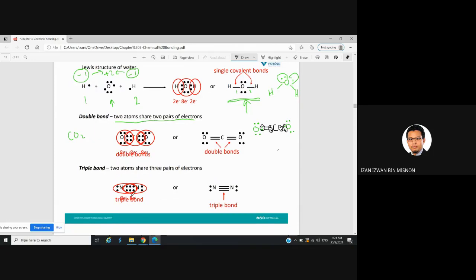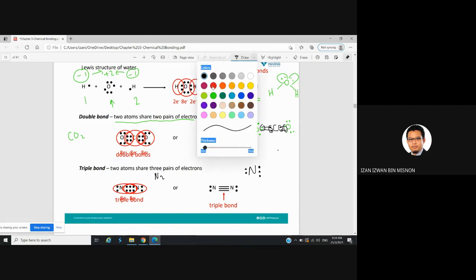And for triple bond, nitrogen gas, so let's say we have nitrogen. Nitrogen has 5 electrons on the valence shell. So actually we can also draw like this to make an easier presentation of the bonds that took place.